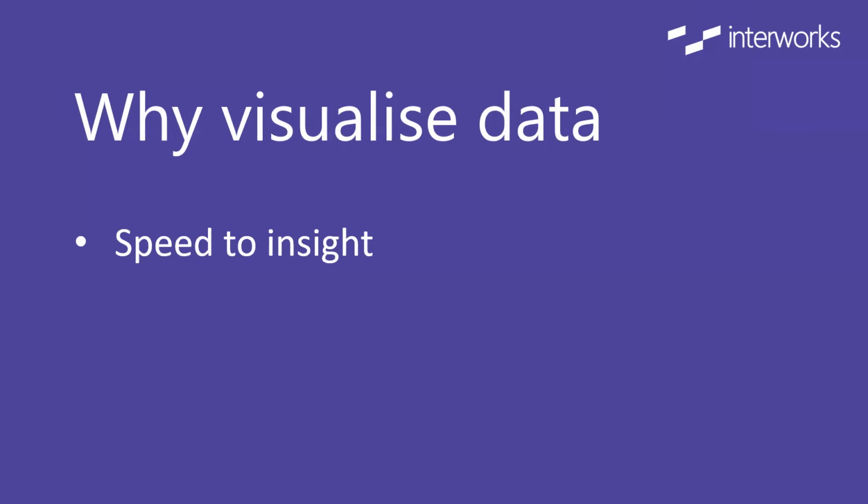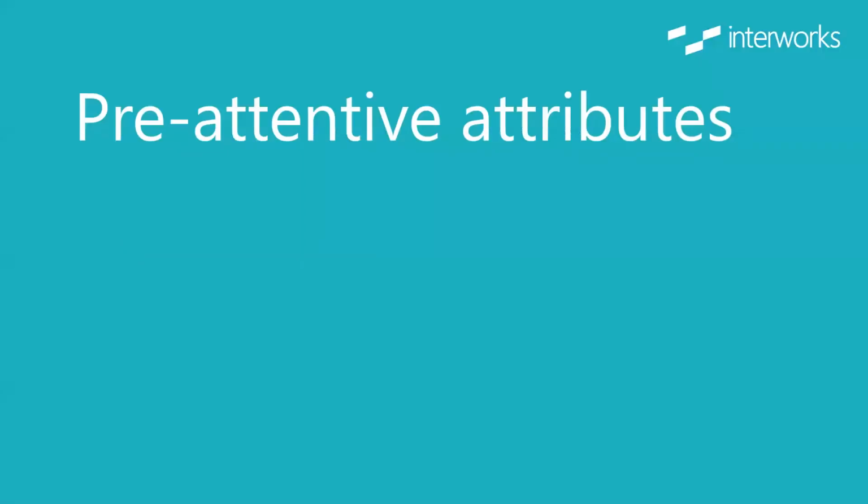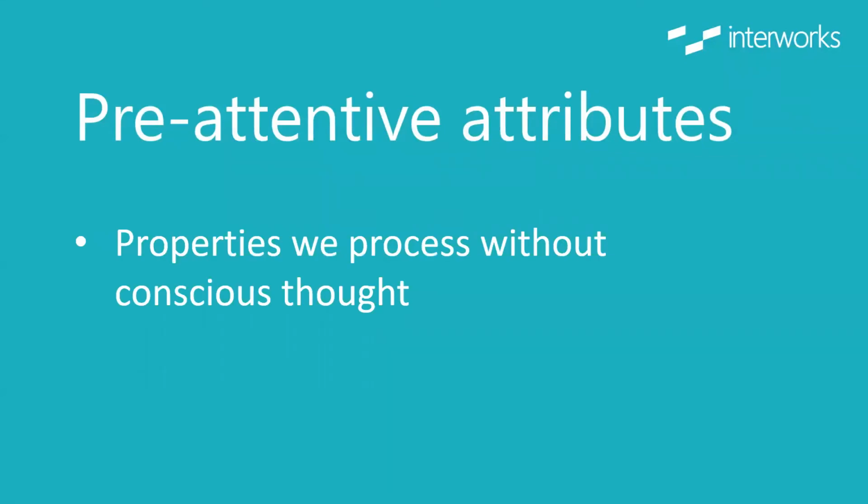There's a whole heap of visual properties that we can utilize in our charts, and they're called pre-attentive attributes. Well, sorry, some of the visual properties are pre-attentive, which means that before we've even had a second to think about what is on the screen or page, our brain has already told us that this bar is longer than this one, this color is different to this one, this shape is different to this one, this point is further along this vertical axis than the other one.